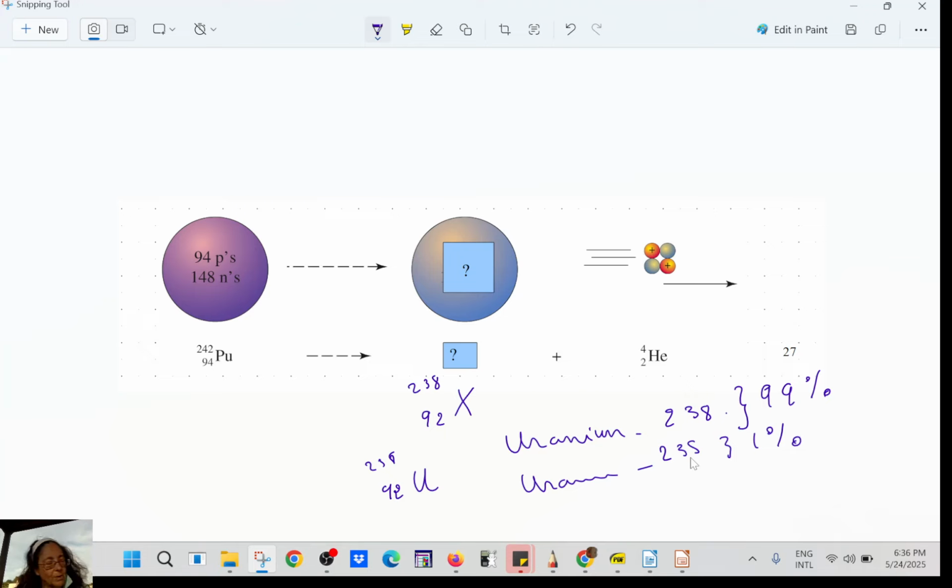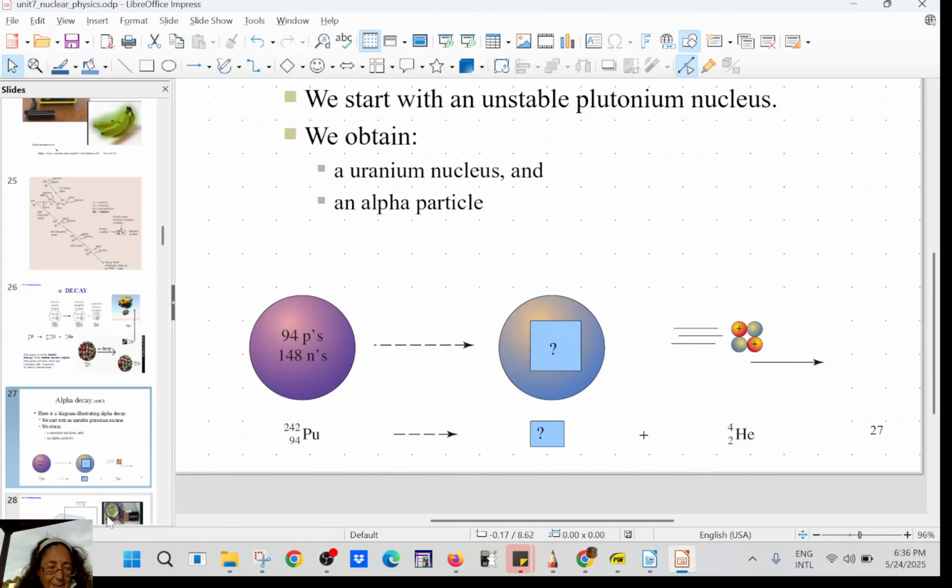Otherwise, you also have another isotope, but it's very little, like 0.0055%.